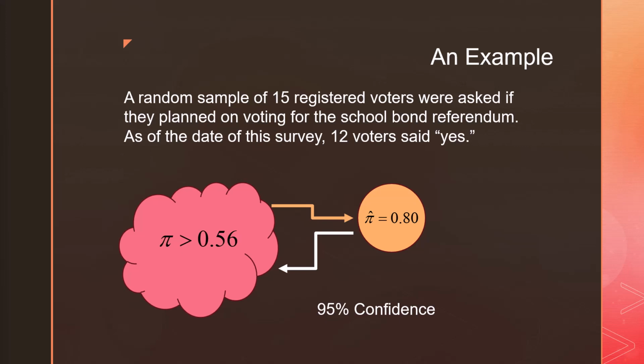This provides more information than a single hypothesis test, and with this information in hand, the school district can determine whether they should hold additional information sessions to build support for the school bond referendum, or whether they are content with 95% confidence and believe they are in a steady state.